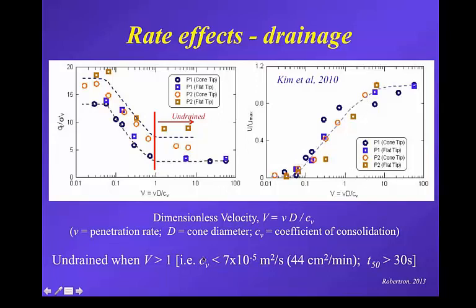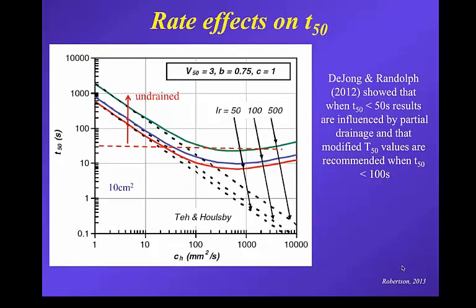Sometimes, if you look at the pore pressure, one could argue it's up around 30 to 50. But when you go into the equation, that determines that the coefficient of consolidation, which should be in the horizontal direction, is somewhere between 10 to the minus 5 and 10 to the minus 6, which essentially is a T50 of somewhere between 30 seconds and 60 seconds, so half a minute to a minute.